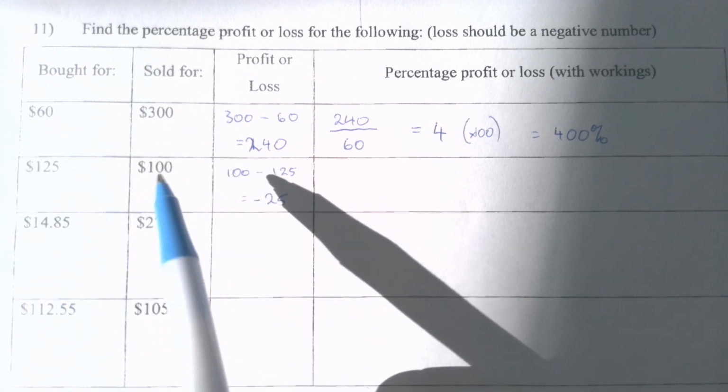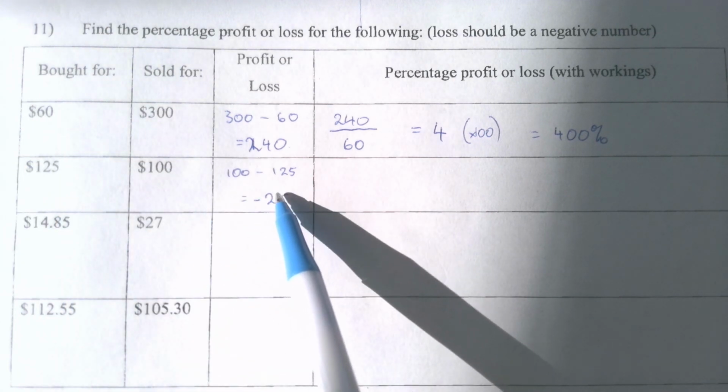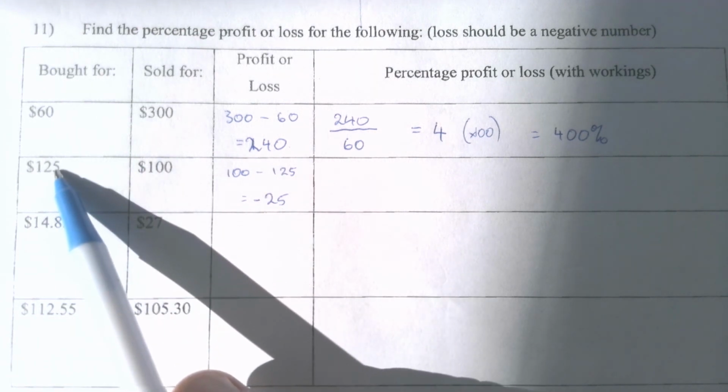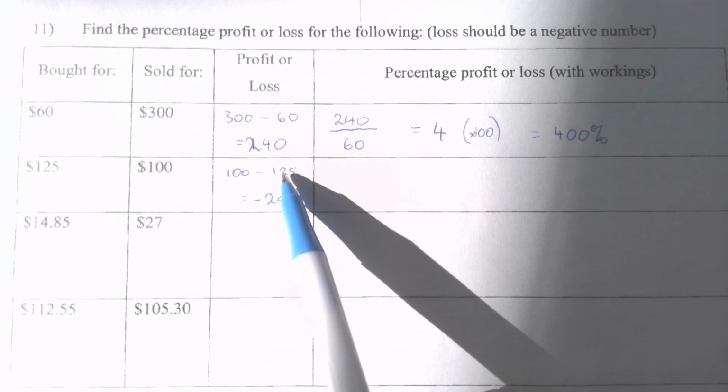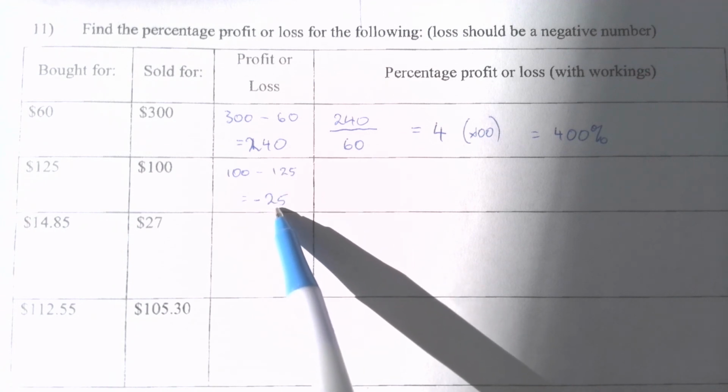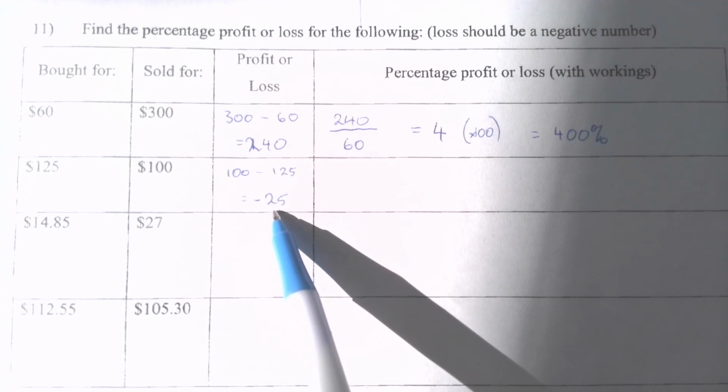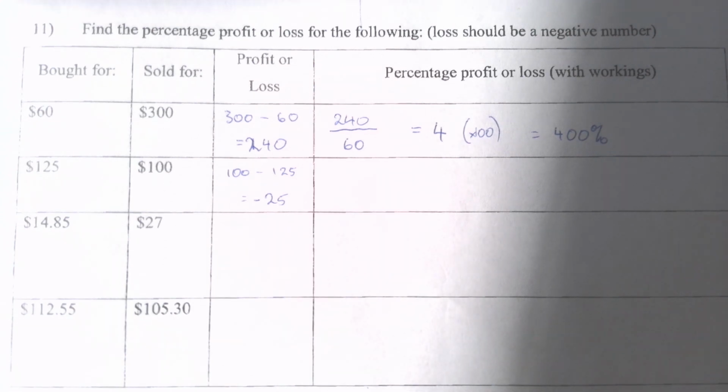Okay, in the second one we decided that we had a loss. So in the second one we took the final amount and we subtracted the original amount, and we had a loss of 25. Now what we might decide is in this first question we'll write the word profit here. Okay, and I'll show you why in a minute.